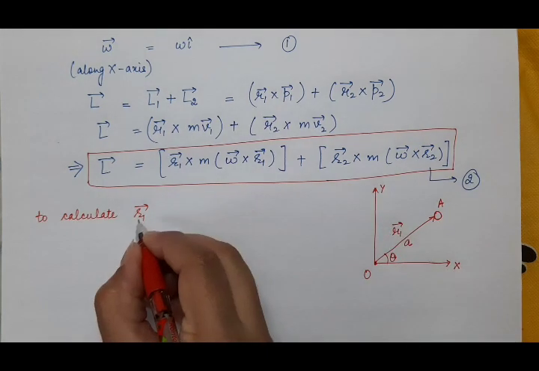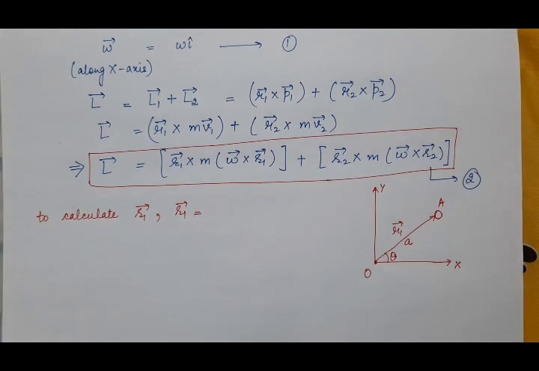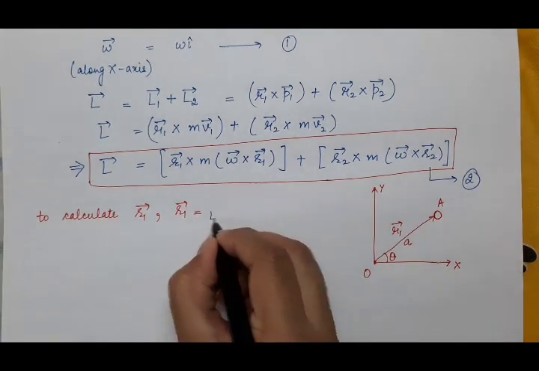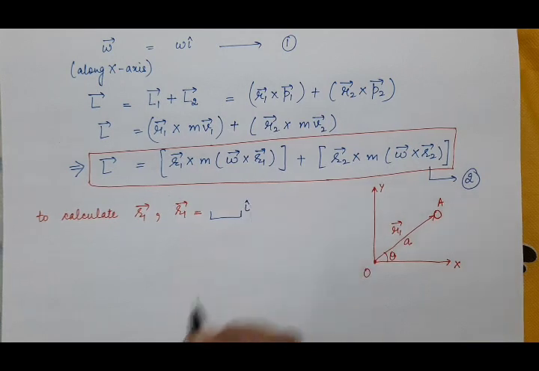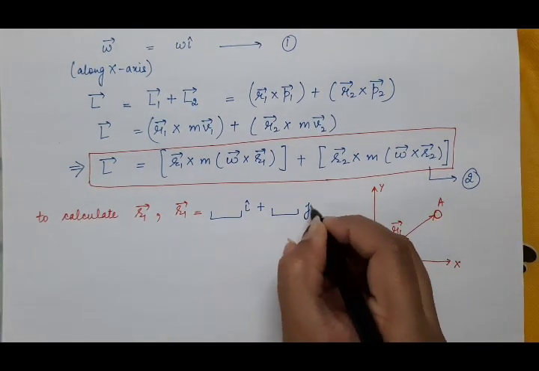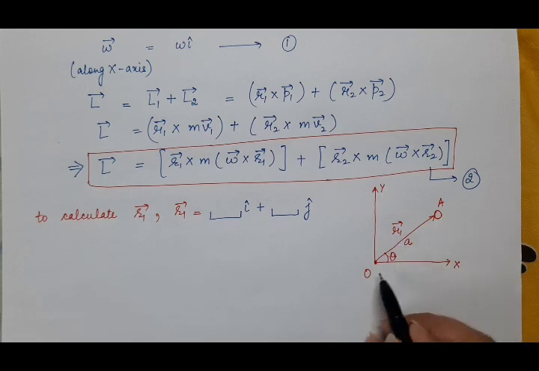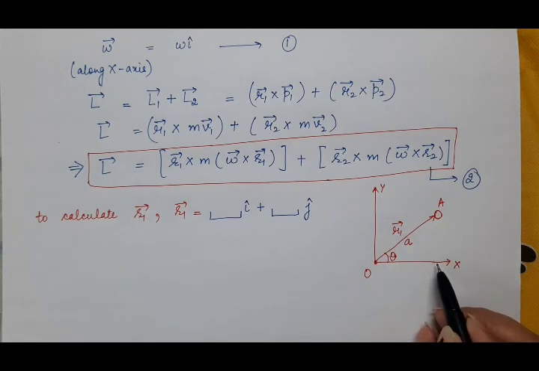Means it will have its component along x-axis and y-axis. So this R1 vector will be equal to its component along x-axis into i cap plus its component along y-axis into j cap. Now what is the component of this r1 vector along this x-axis?